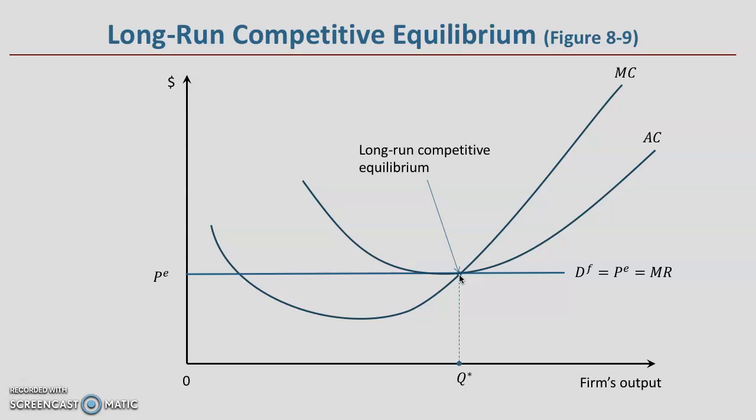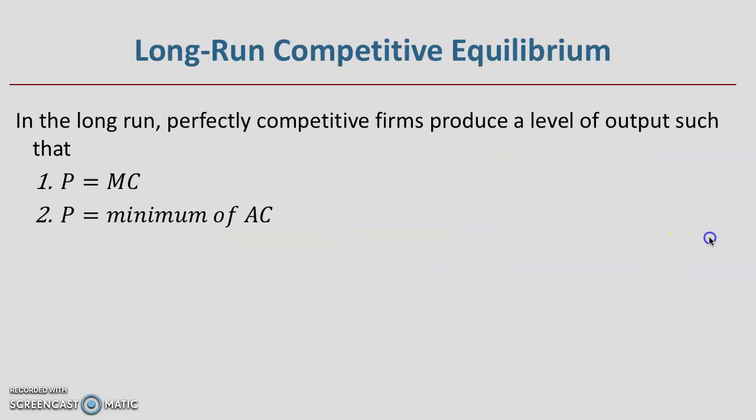So she said, even though my family has made probably zero economic profit on the farm, we've done super well because our land has appreciated and we can sell it for this huge profit. So I always thought that was an interesting perspective. In the long run, perfectly competitive firms produce a level of output such that price equals marginal cost, which is equal to the minimum of the average cost curve.